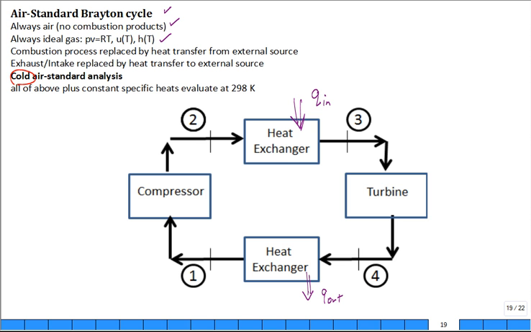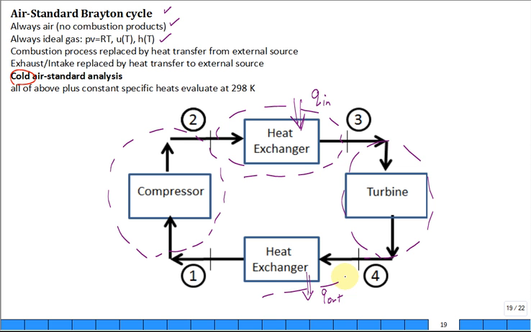So we close the loop, and then we do an analysis of each component. What type of analysis would we do for a compressor, for a heat exchanger, for a turbine, and for a heat exchanger? Much different than the Otto and diesel. We would do an open system analysis for each component, whereas for the processes in the Otto and diesel, it was a closed system, a trapped amount of gas that was compressed, heated, expanded, cooled.